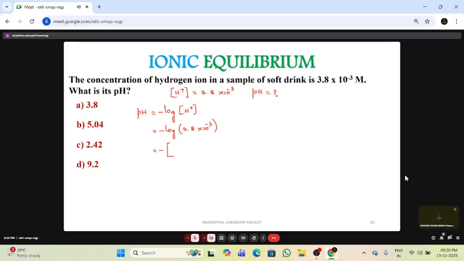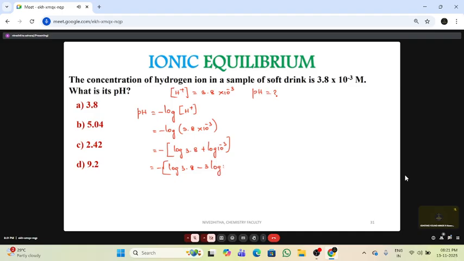Have this log of 3.8 × 10^-3. It is like log A into B, so we can write it as log A plus log B. Log 3.8, and now how can we write log 10^-3? It is like log A power B, so we can bring this power term down.